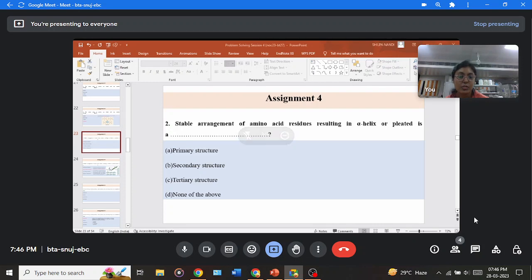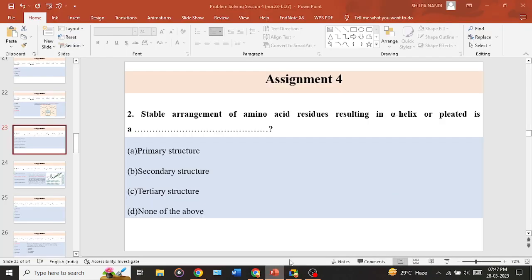Secondary structure. Yes, secondary structure is the correct answer. We will see why secondary structure is the correct answer.